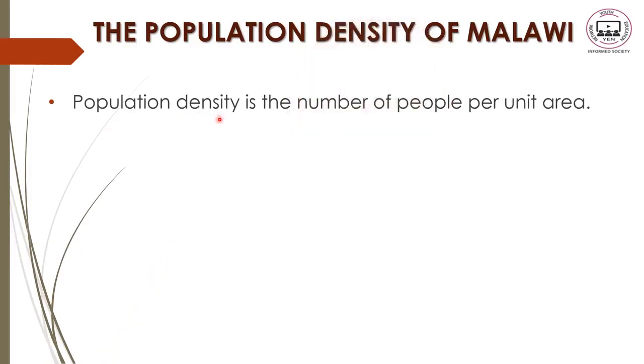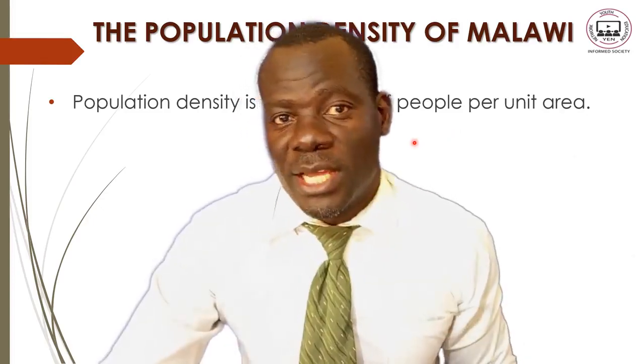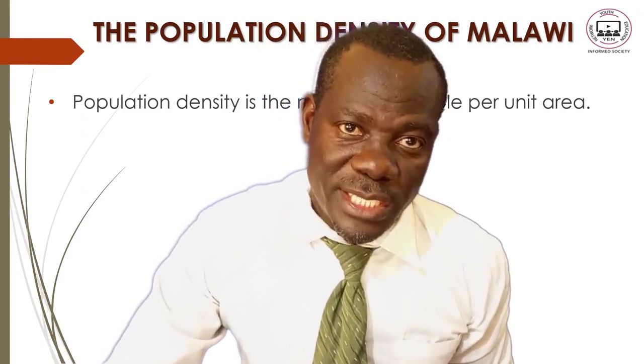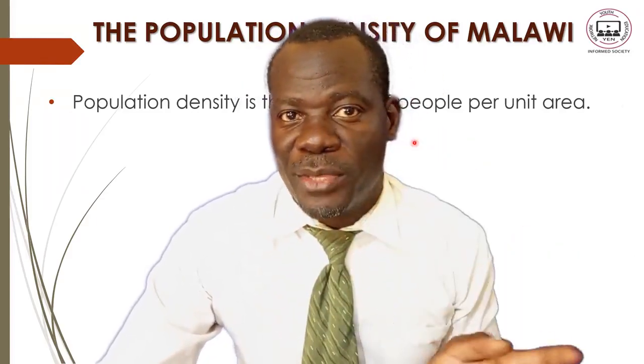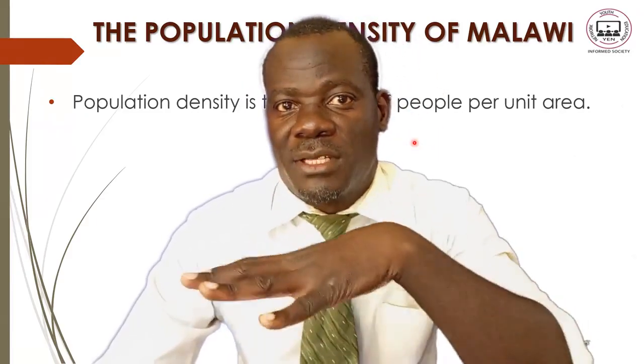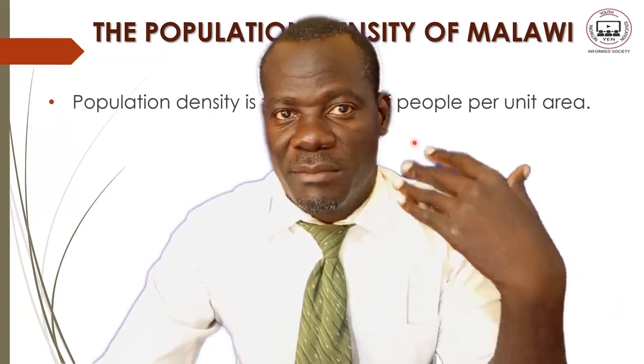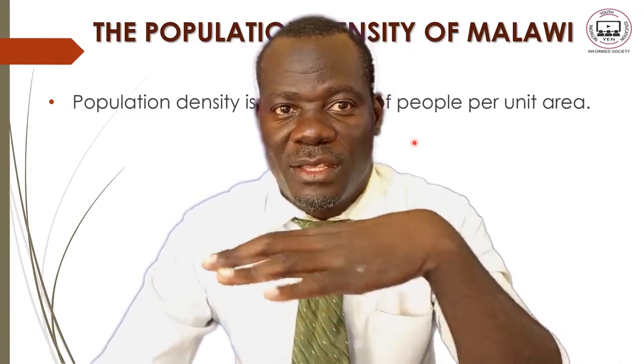Population density is the number of people per unit area. So we start by looking at what population density is. It is the number of people per unit area, for example, the people in a village.